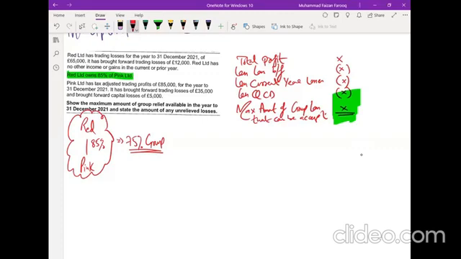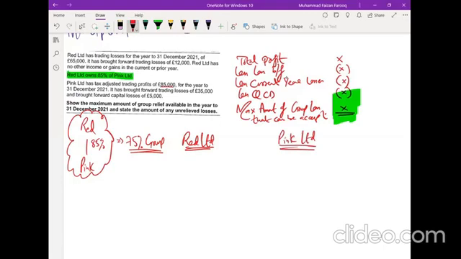First of all, we are talking about Red Limited. Red Limited incurred a loss, right or wrong? Yes, it incurred a loss. Pink Limited is a company which has a profit, right?